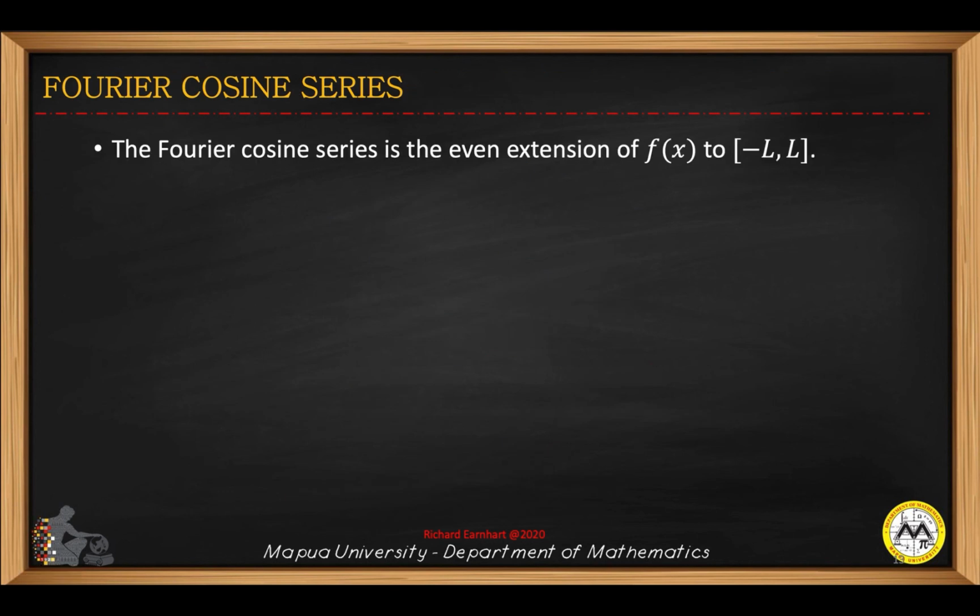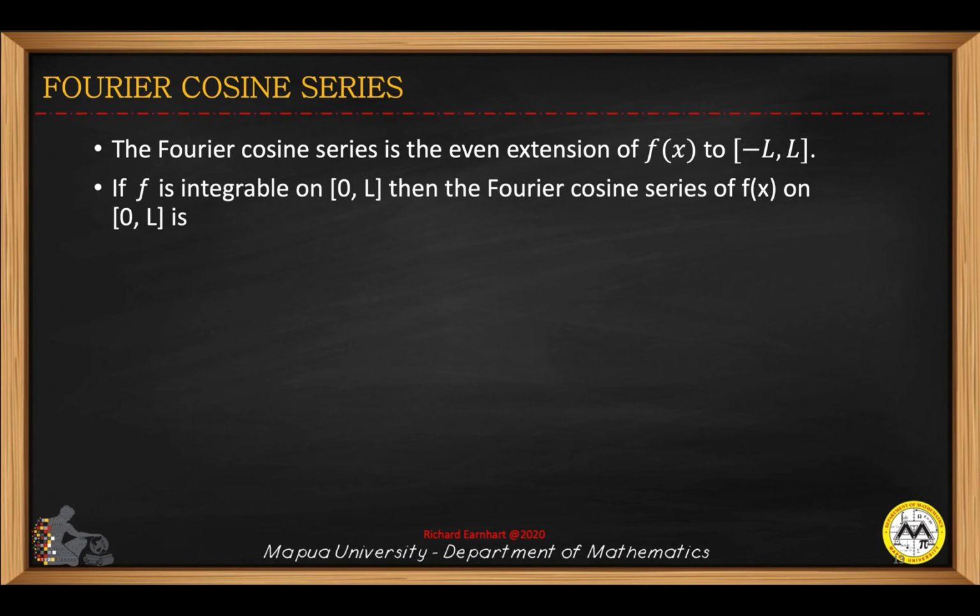To summarize, the Fourier cosine series is an even extension of f of x to negative L to L. If f is integrable on 0 to L, then the Fourier cosine series of f of x on 0 to L will be f of x equals a sub o plus the summation from n equals 1 to infinity of a sub n cosine n pi x over L. Take note that b sub n is equal to 0.